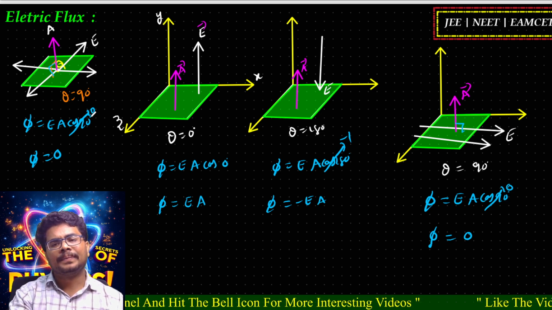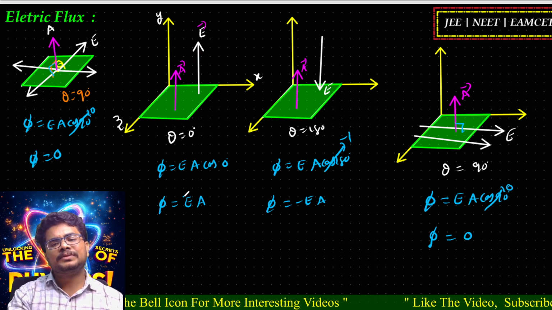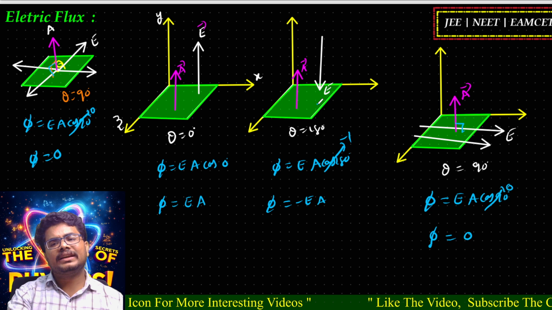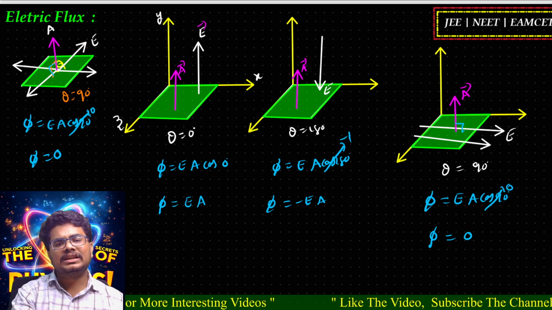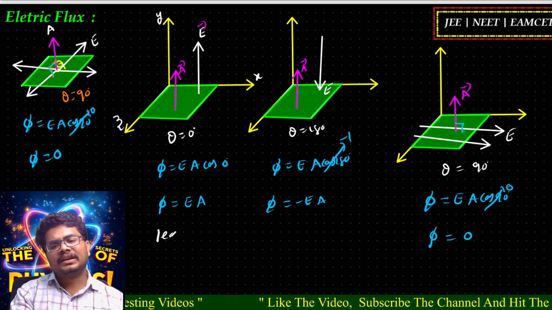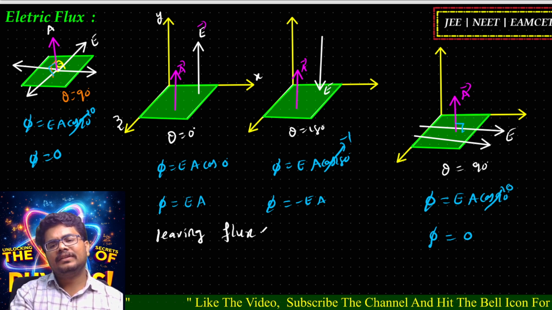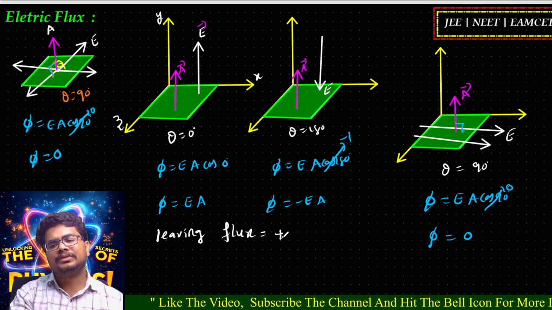Any important point: when the electric field is leaving, that is called leaving flux. Leaving flux you take as positive. When the electric flux is entering, we call it negative flux. That's the conclusion. Wherever you see leaving flux, consider it positive.